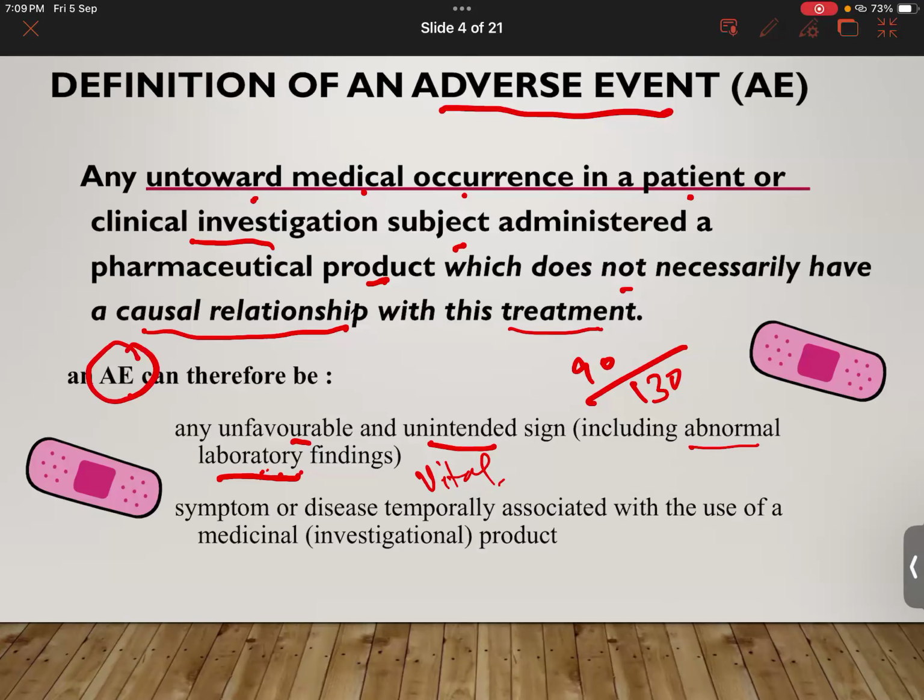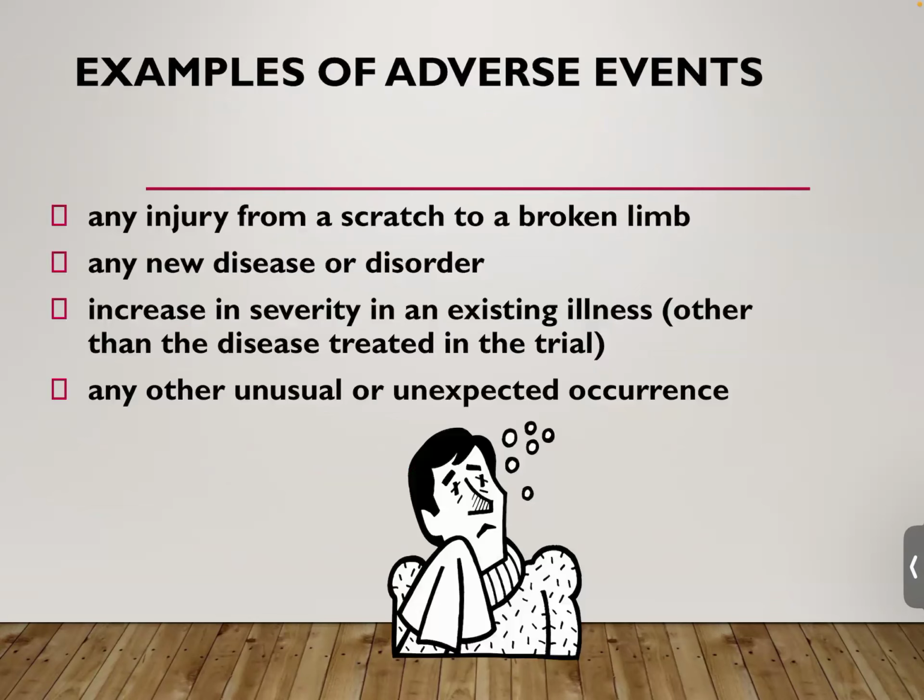Symptom or disease temporarily associated with the use of a medicinal product. Now, these are the examples of adverse event. Any injury from scratch to broken limb, it may be as small as a scratch, as big as a broken limb. New disease, disorder, increase in the severity of existing condition. Person was in hospital for 2 days. Now, because of the new drug, this changed to 6 days. That means increase in the severity.